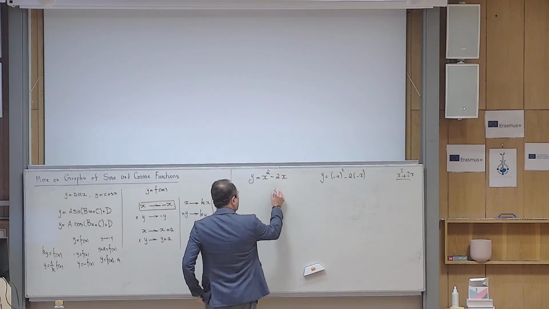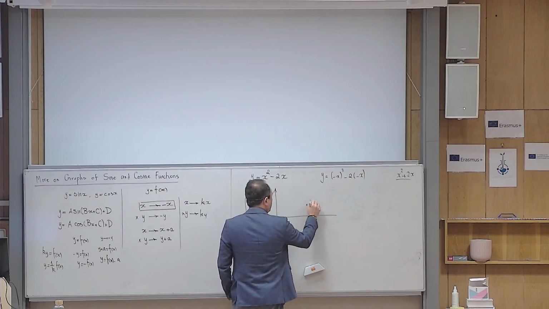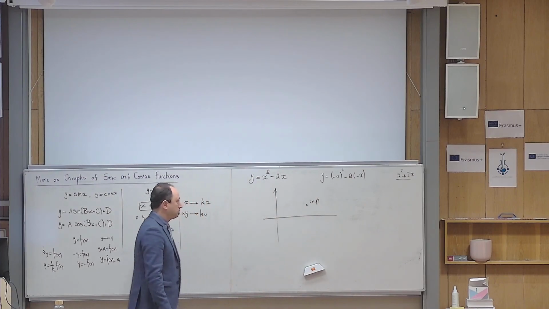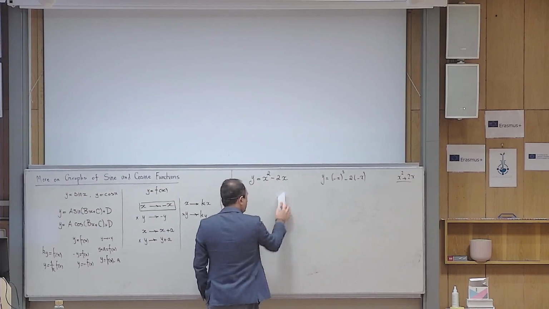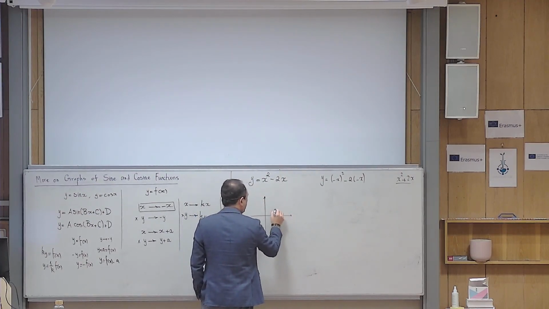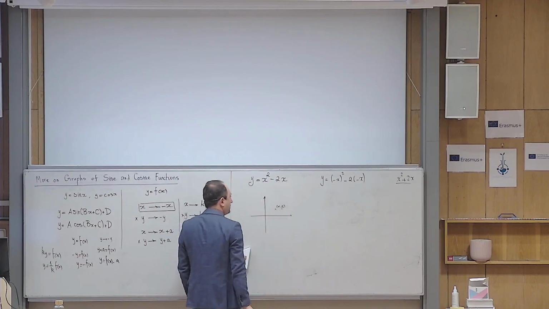So let us try to understand that. Let us take alpha, beta, a representative point on the graph of this function. Let me make it a little bit cleaner. Let us say alpha and beta is any point you like on the graph of this function.